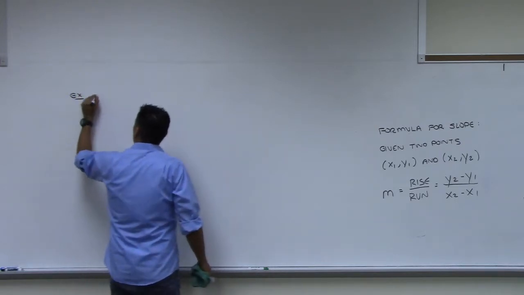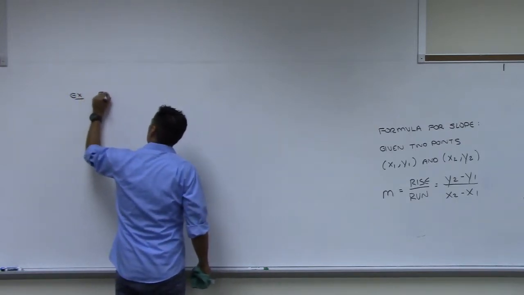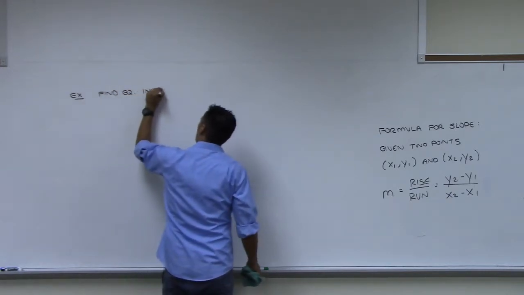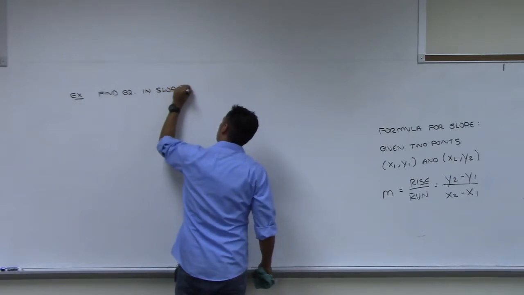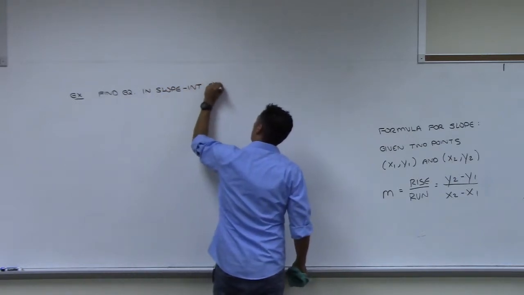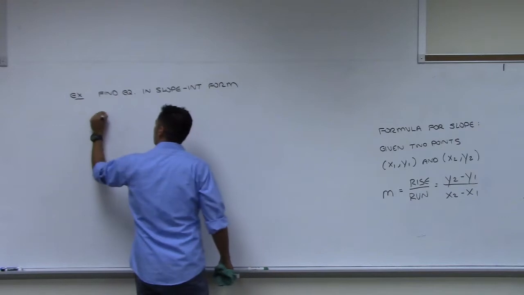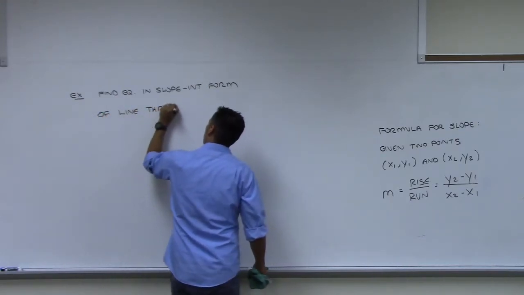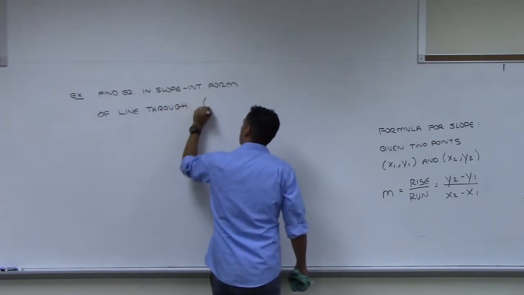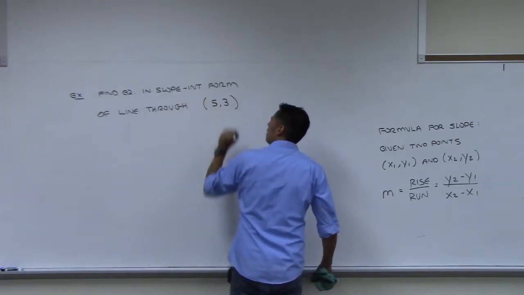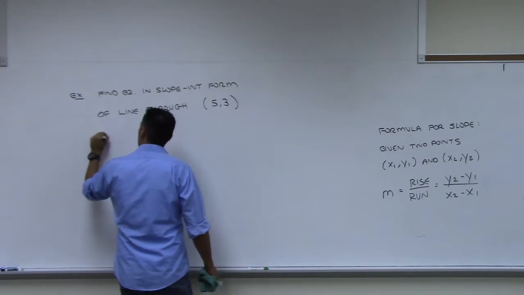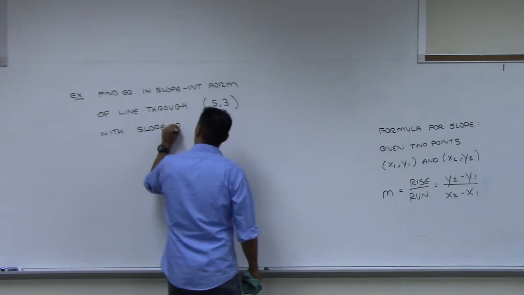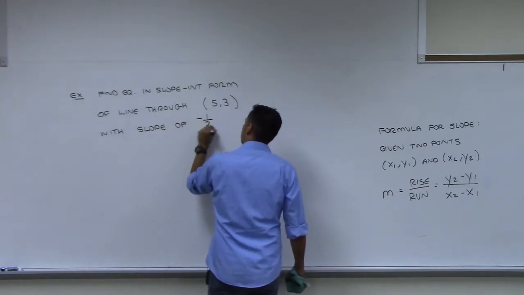Find the equation in slope-intercept form of the line through the point 5, 3 with slope of -1/2.